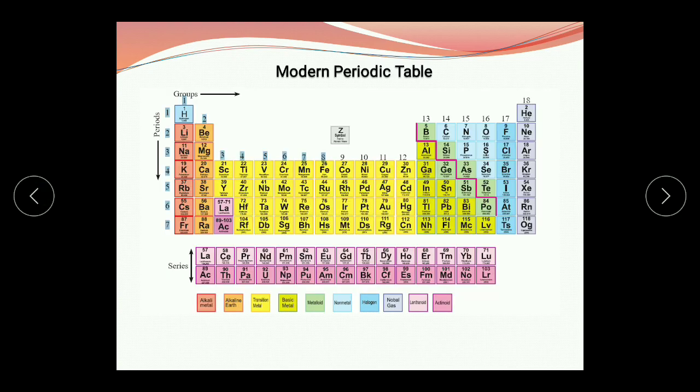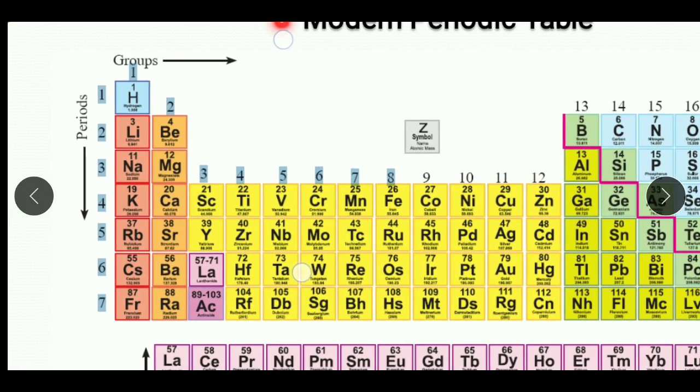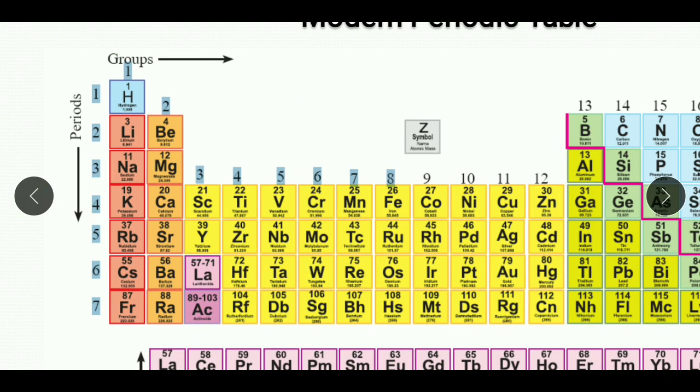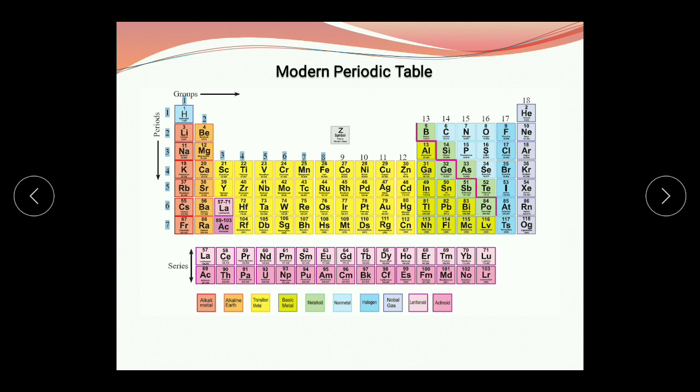As the name suggests, these are placed to the extreme left because they are Group 1 and Group 2 elements. That means they are here. This is Group 1, this is Group 2. So, we are going to see in detail about the elements of Group 1 and Group 2 in this lesson.